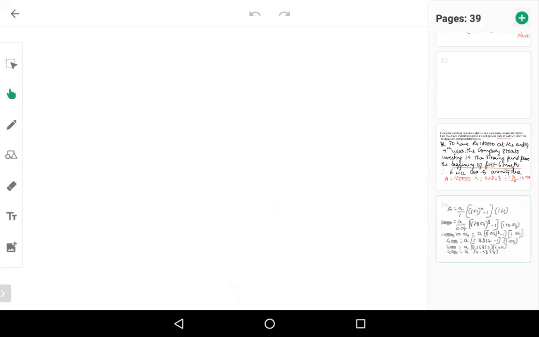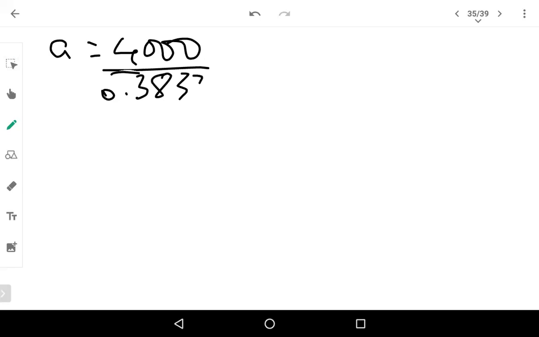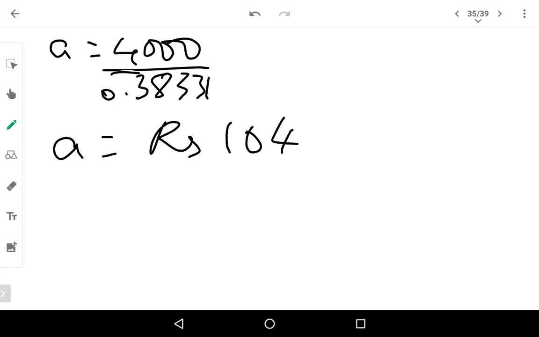So let us find out. Small a is equal to 4,000 divided by 0.38331, which is our annuity amount. Our annuity amount is rupees 10,435.42.